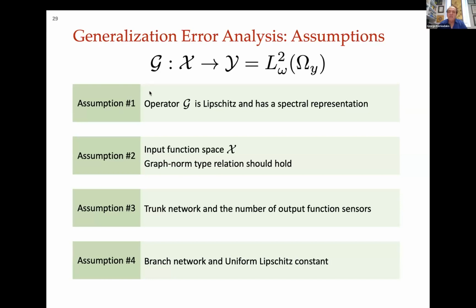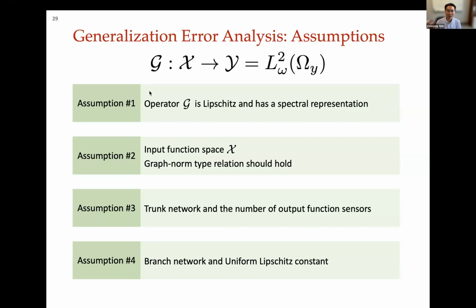I can take the basis of the trunk net, and from time to time I can do a Gram-Schmidt on the trunk. Yes, you can do that, because QR factorization is basically equivalent to applying the Gram-Schmidt operation based on the output sensor points.